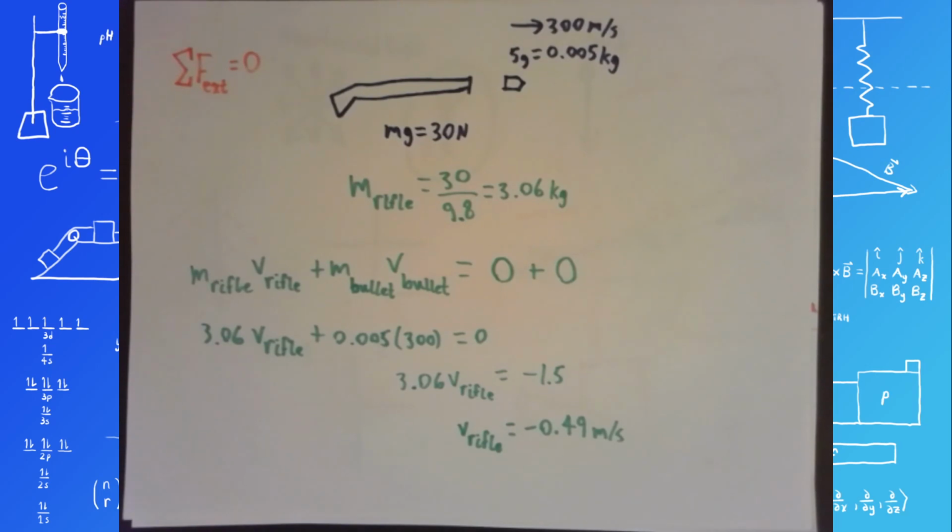Okay, so part B says if a 700 Newton man holds the rifle firmly against his shoulder, find the recoil speed of the man and rifle.